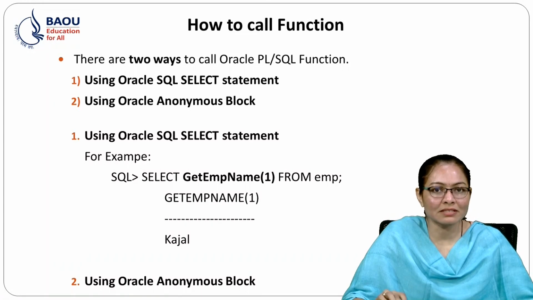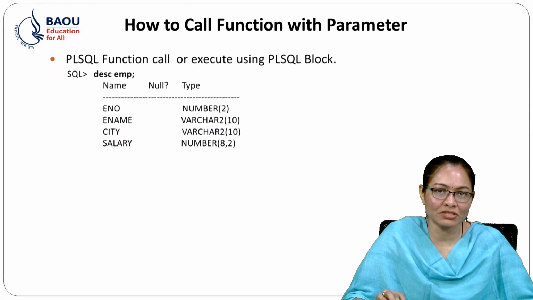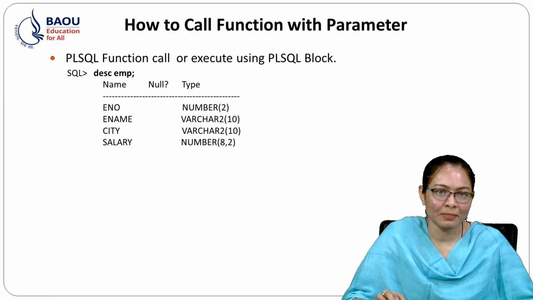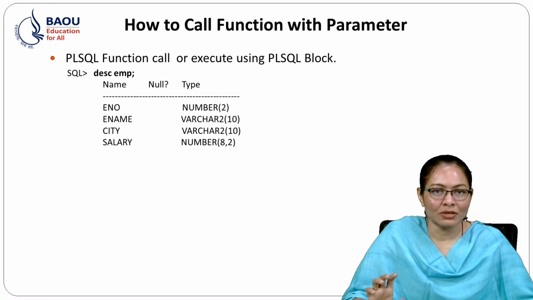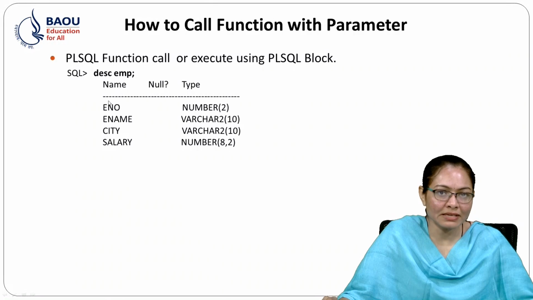Now the second one is using the Oracle anonymous block. The second way to call the function is using a PLSQL block. So how do we call the function using a PLSQL block? First, using the describe command, DESC, on the employee table, we see the data type and size of the columns employee number and employee name.